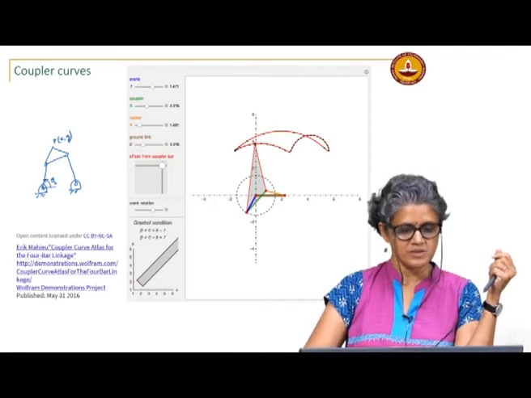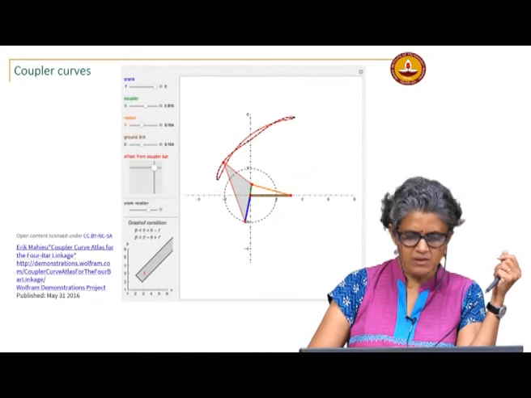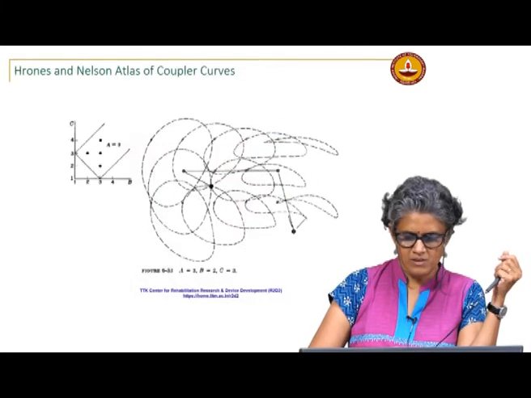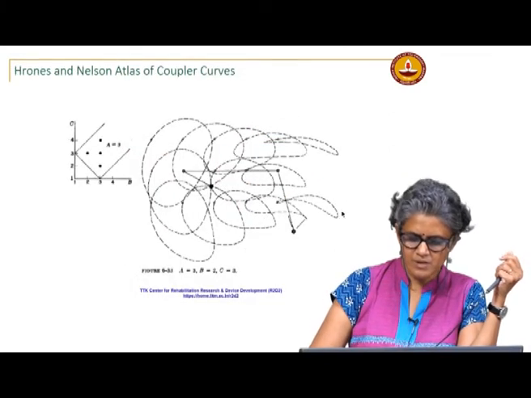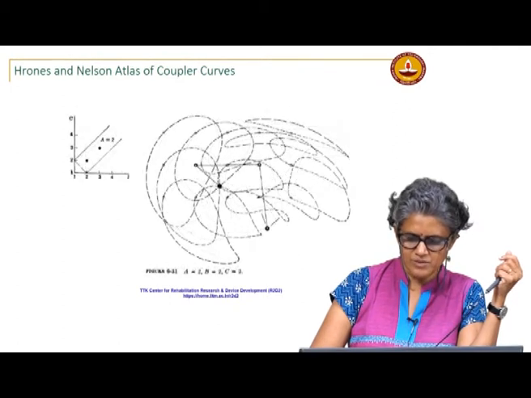So, it is possible. But what does that mean from the moving... So, here, no, this one does not. I am trying to see if there is one that I can show you.